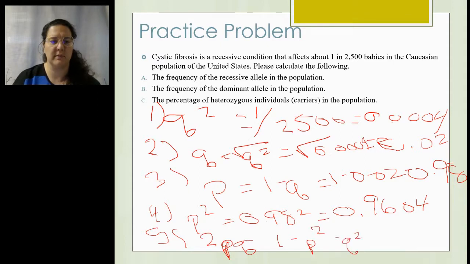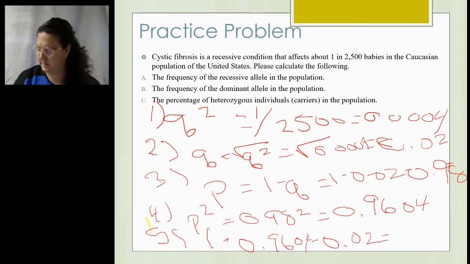So I'm running out of a little bit of room here. So I'm just going to, we'll go 1 minus 0.9604 minus 0.02.